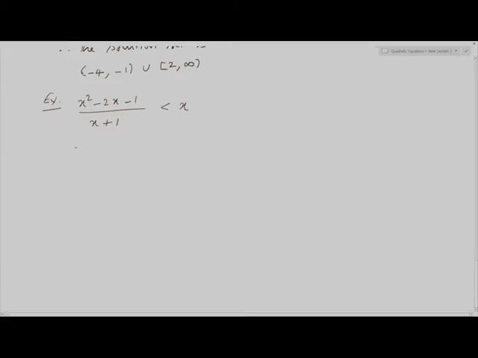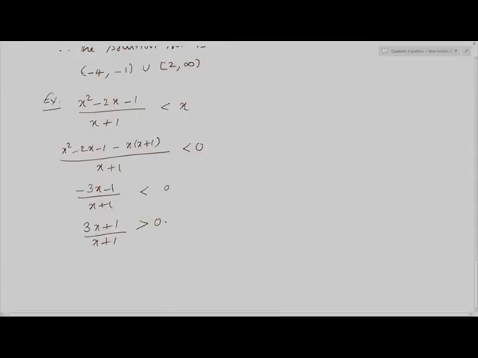So the given inequality becomes x square minus 2x minus 1 minus x into x plus 1, divided by x plus 1, less than 0, which gives minus 3x minus 1 divided by x plus 1 less than 0. So I multiply by a negative sign on both sides, and the inequality will be reversed. So 3x plus 1 divided by x plus 1 is greater than 0.